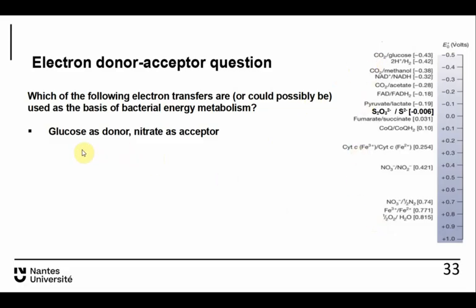My first proposition is glucose is the donor, nitrate is the acceptor. So glucose getting oxidized to CO2 is a really good electron donor. Nitrate, the couple is here, so yes, that's going to work, right? Very good electron donor, very good electron acceptor. It can work, and this is anaerobic respiration. Okay, what about this one?